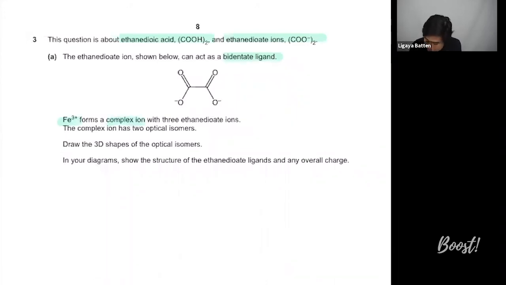Fe3+ forms a complex ion with 3 ethane dioate ions, and the complex ion has 2 optical isomers. So they're giving us quite a lot of information here, which is useful for our workings out. Draw the 3D shapes of the optical isomers, and in your diagrams show the structure of the ethane dioate ligands and any overall charge. Okay, so we want to draw the 2 optical isomers.